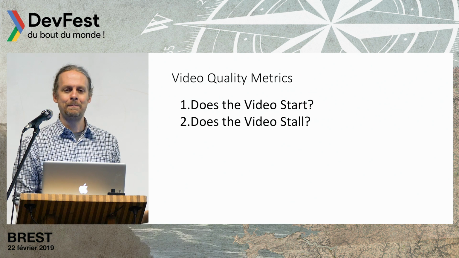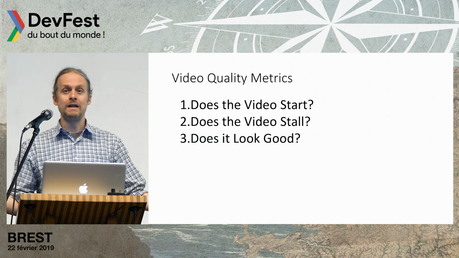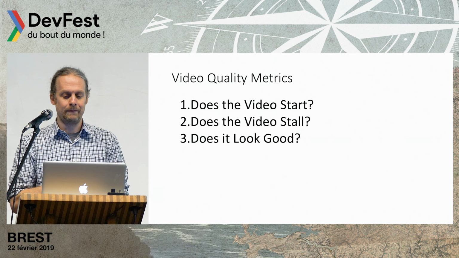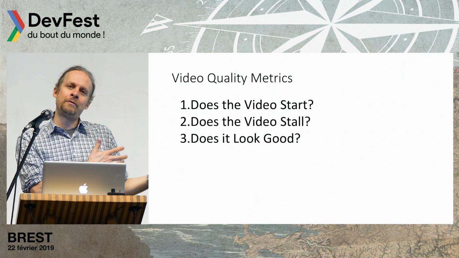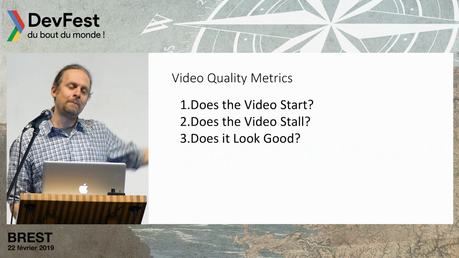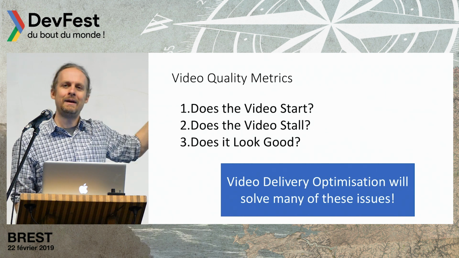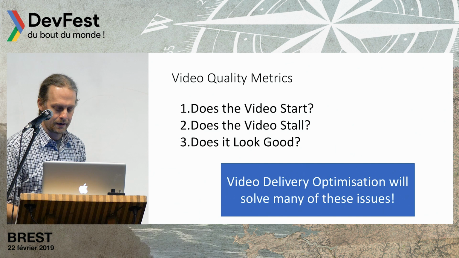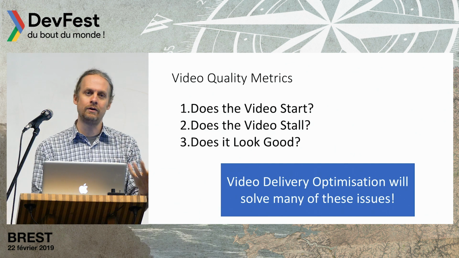We don't want the video to stop in the middle. And then finally, did the video look good, right? You want it to play, and then you also want people to enjoy watching it. And so if we can optimize the way that the video is sent over the network, we'll optimize all of these. So it makes sense to do what we can to optimize the video that we're serving on our websites or in our native apps.